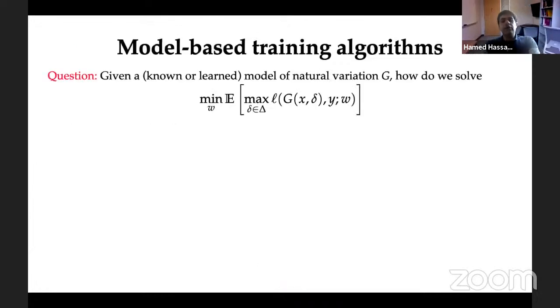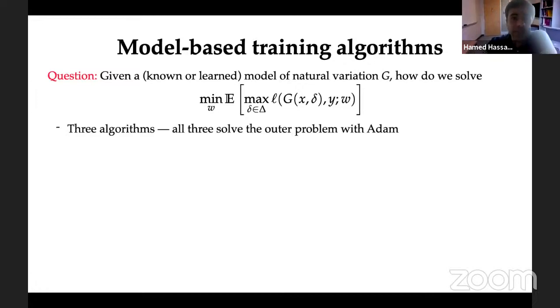All right, so once we learn the model, as I said, you can leverage it in this minimax optimization problem to obtain robust models. But let me also mention that solving this minimax problem is itself a challenge, because first of all, it's a non-convex, non-concave function, especially if you have neural nets. So what people usually do is use alternating optimization methods.